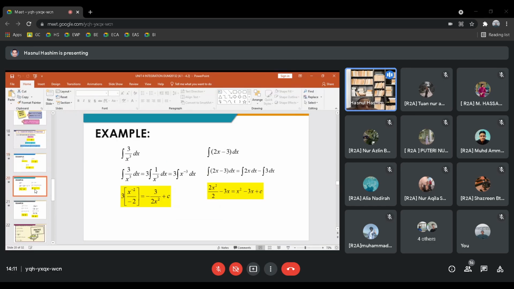So 3 over x cubed will be 3 over negative 3 over 2 x squared plus c. You should remember that when we take it upstairs, we have negative 3. So we have negative 3 over 2 x squared plus c.